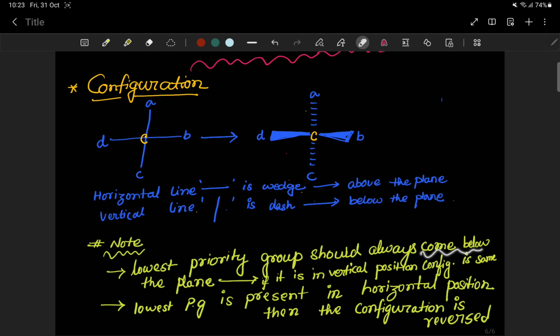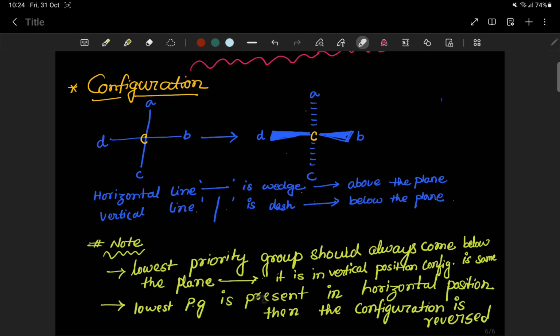If it is in the vertical position, it is below the plane, as I have shown you here. You can see clearly that it is below the plane, and the configuration remains the same. Whether it is R or S configuration, it will definitely remain the same.